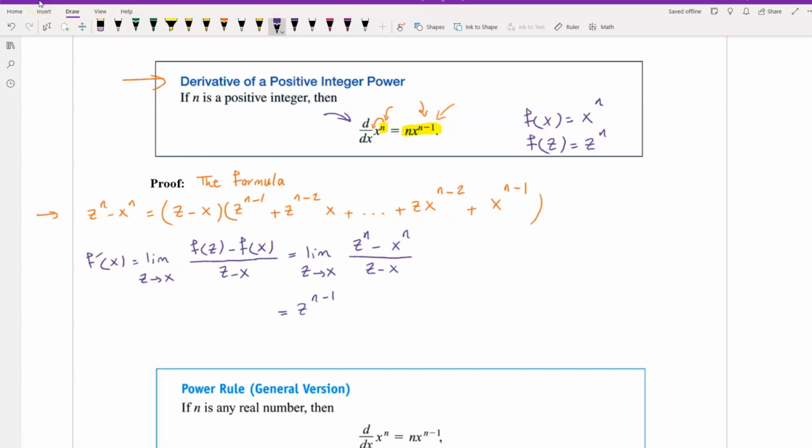So we have z to the n minus 1, and we have to find the limit. So that is the limit as z approaches x.